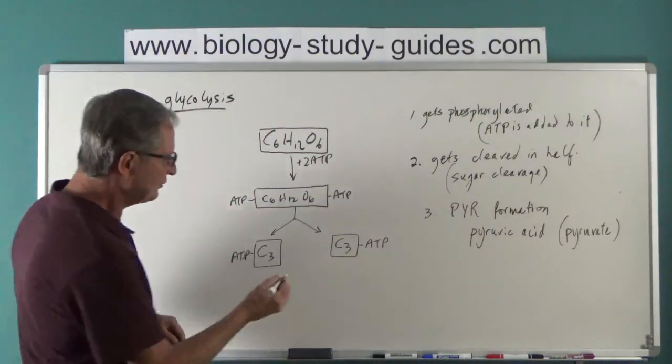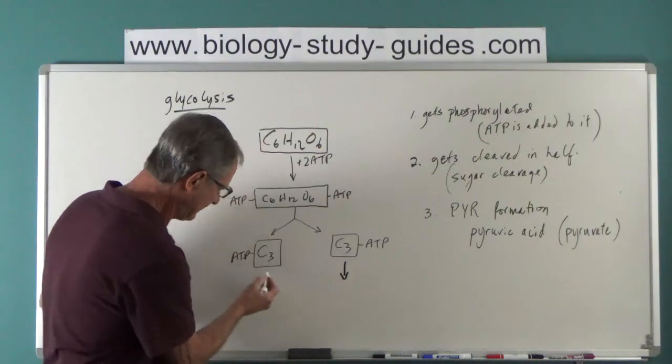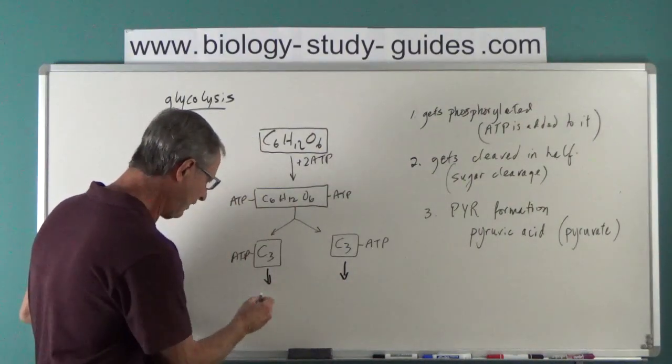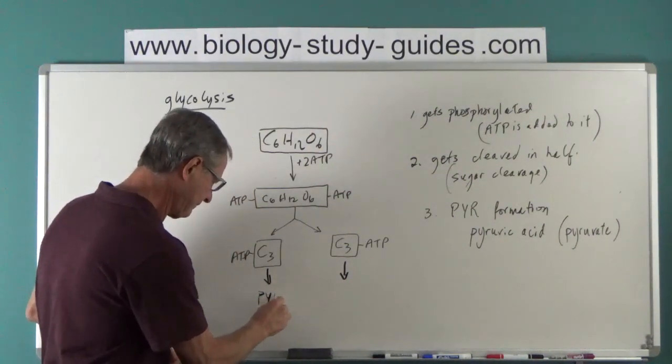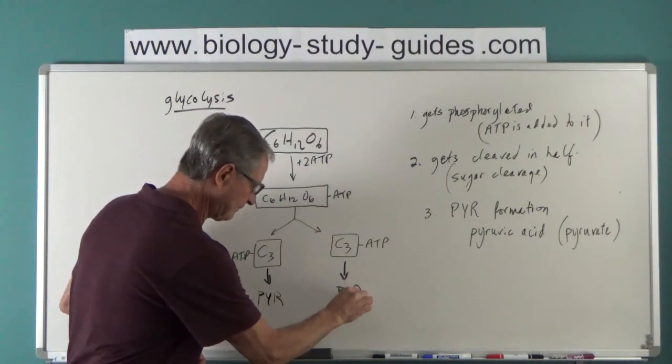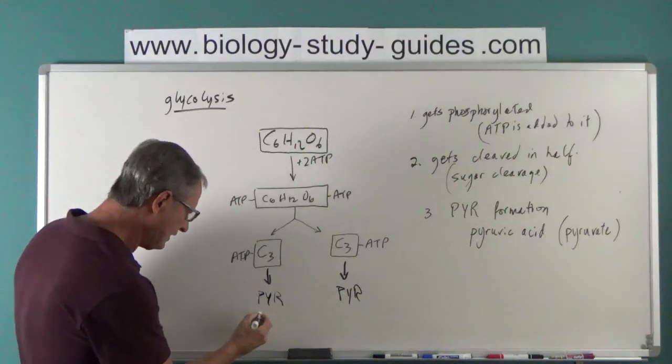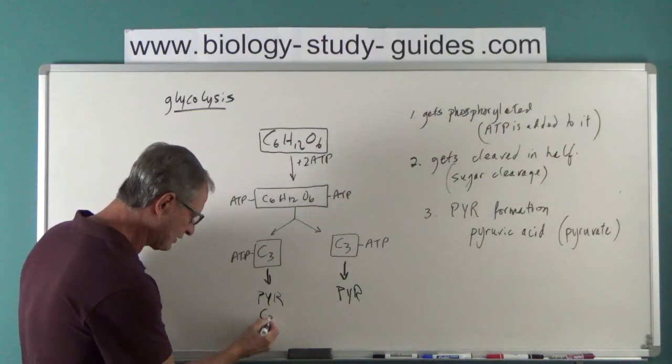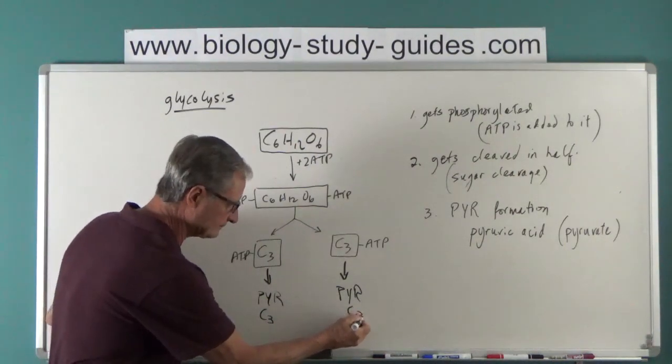So these two things will make PYR. Notice that pyruvic acid is a 3-carbon molecule. I'm just going to put the C3 underneath it here.